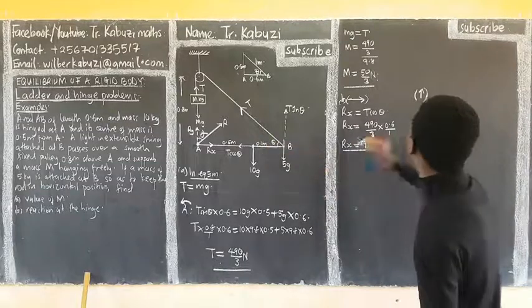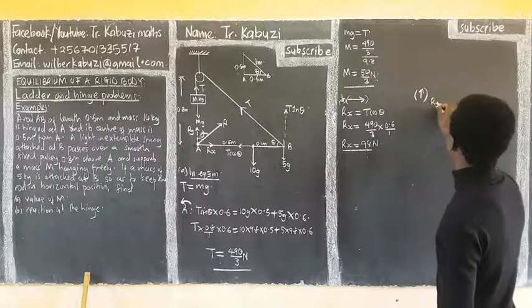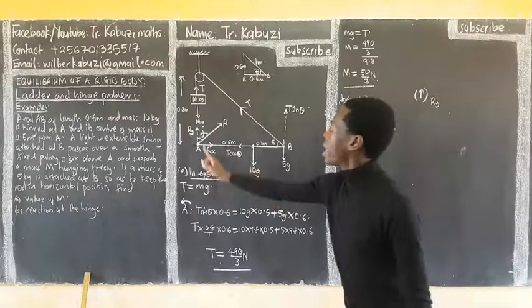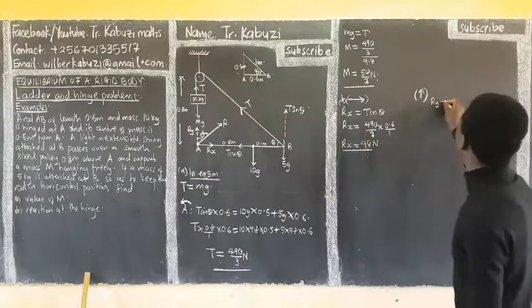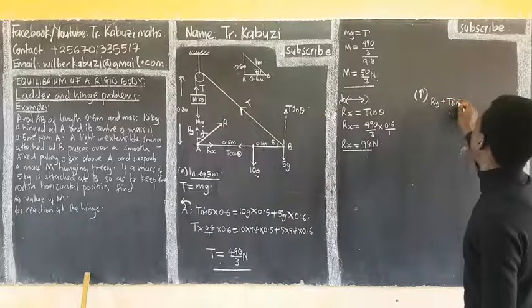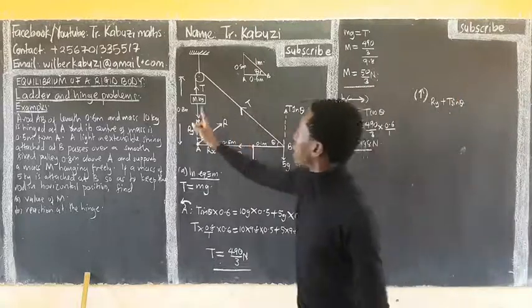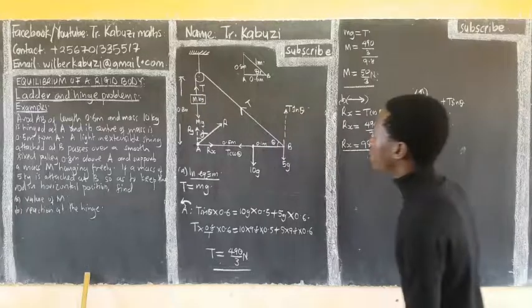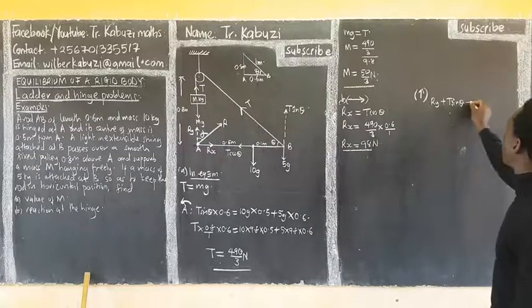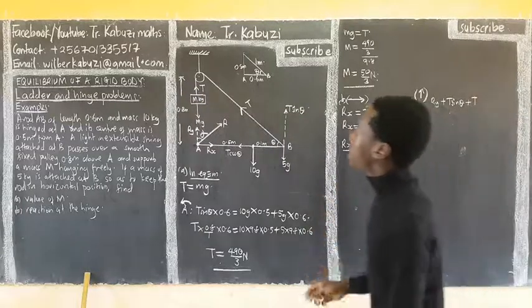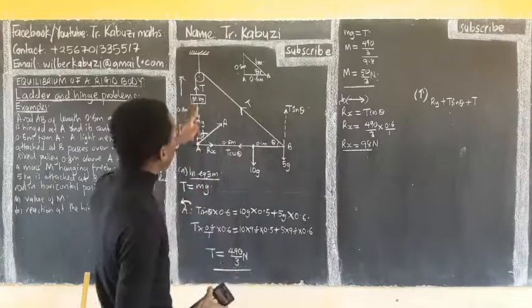So vertically, we have Ry, those which are going up. We also have this plus T sine theta. Those are the only ones, I think. No, plus this T, you see it's going up.